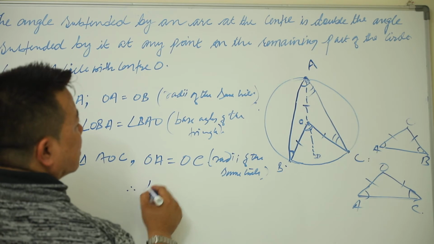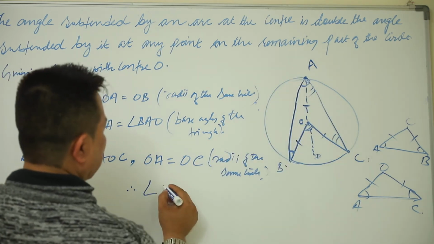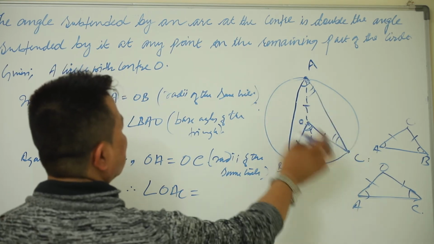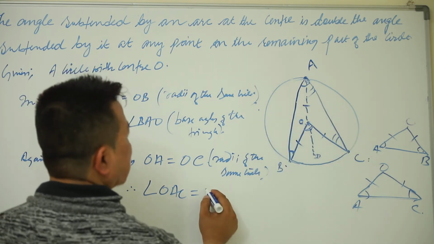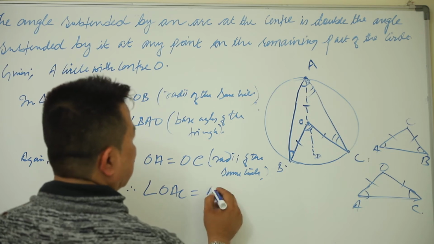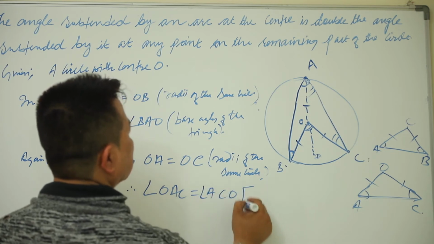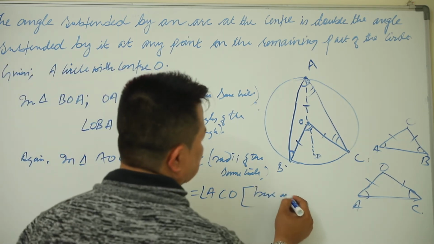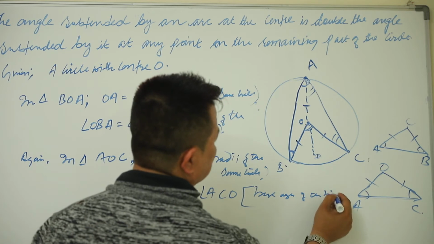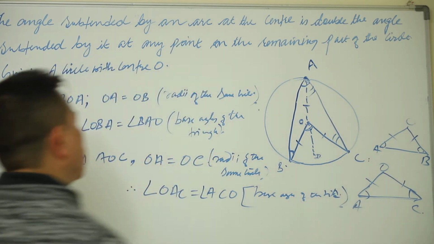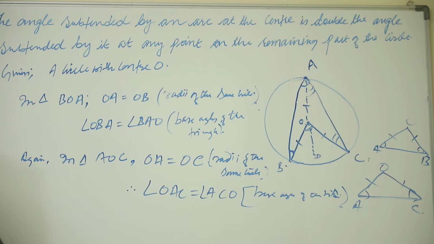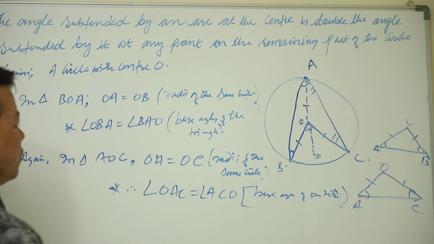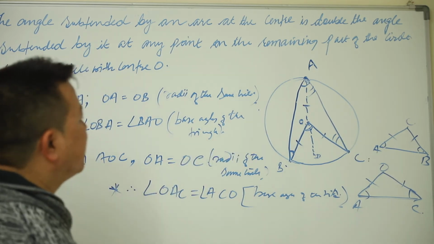Angle OAC equals this angle, angle ACO. Reason? Base angles of the triangle. So these two points are very important in doing further statements.